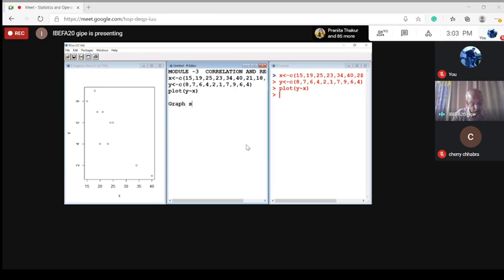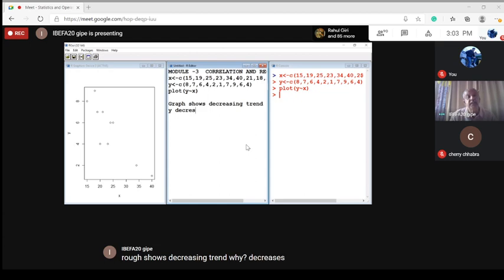The graph shows a decreasing trend: Y decreases as X increases.